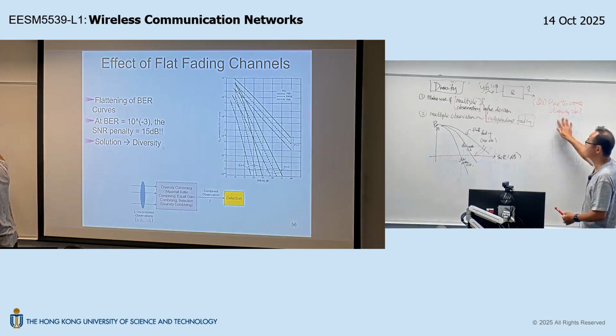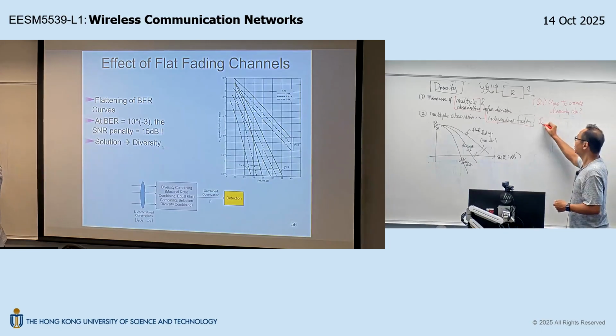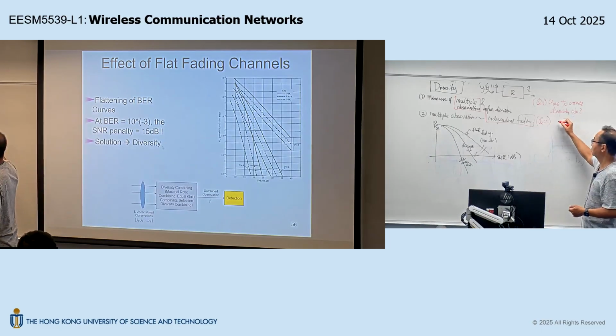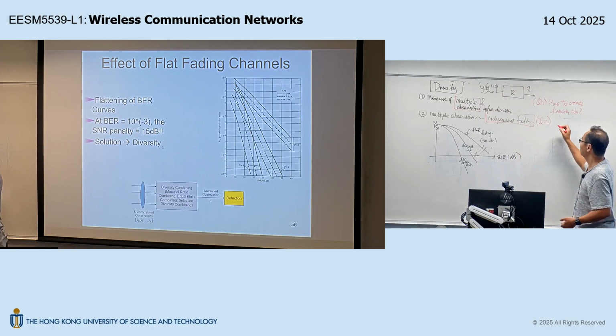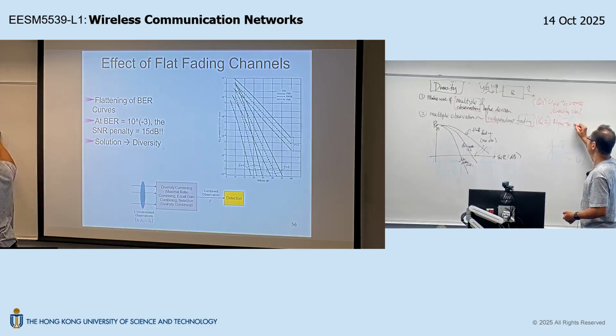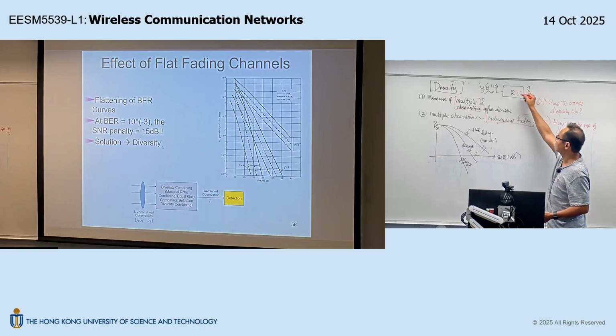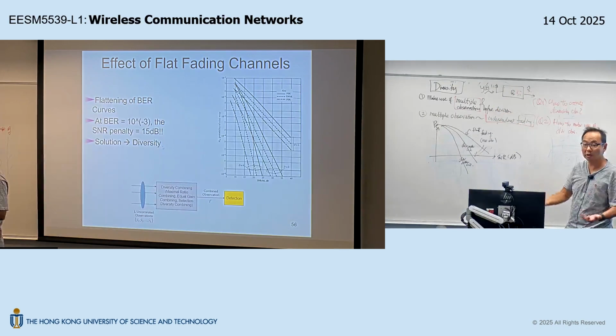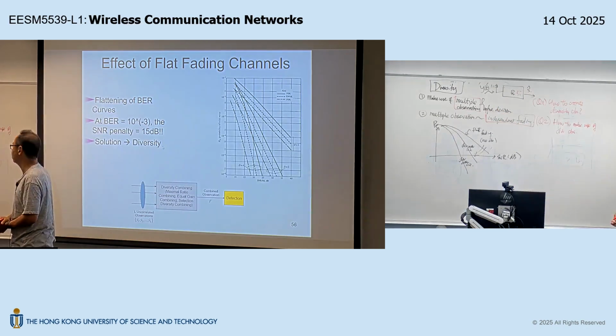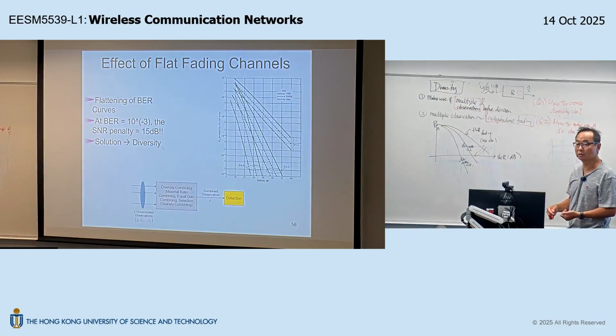This is the first question. The second question is, let's say the receiver for some reason can have multiple independent observations. Then how do we make use of this diversity observation? What happens inside this black box? When you have multiple diversity observations available at your input, how do you make use of them before making a decision? So these are the two core questions we're going to explain.